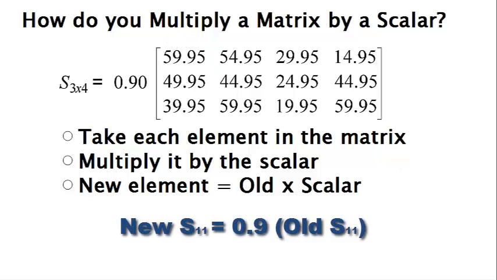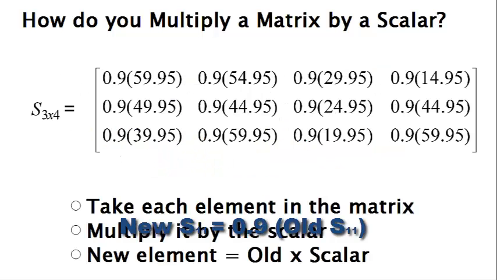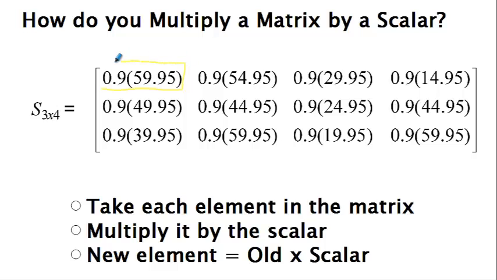And we're going to repeat that process for the entire matrix. So the first element, S11, is going to be 0.9 times the old matrix element, 0.9 times 5995. We're going to do that with all the other elements in the matrix, multiplying each one of them by 0.9, and so on and so on.